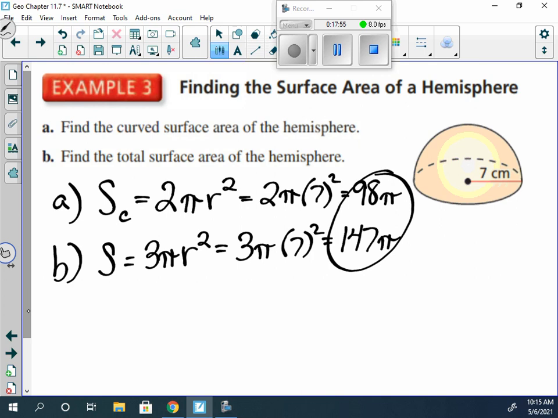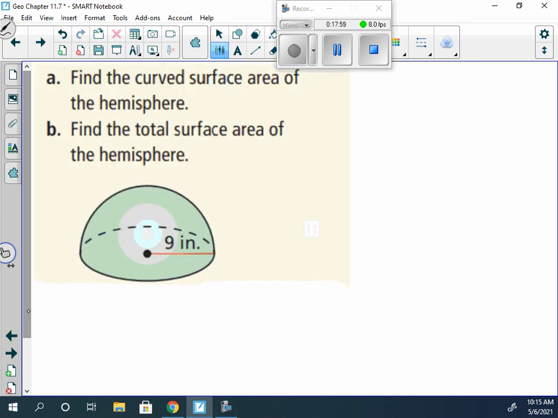We're ready to look at another one. And I think we need one more, or it'd be nice to look at one more, and I think y'all about got this, yes? All right, let's look at this one here. So they want us to find the curved surface area and then the whole surface area. I'll call it SC. Well, this is our 2 pi r squared.